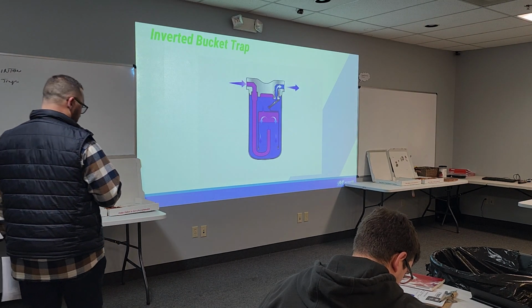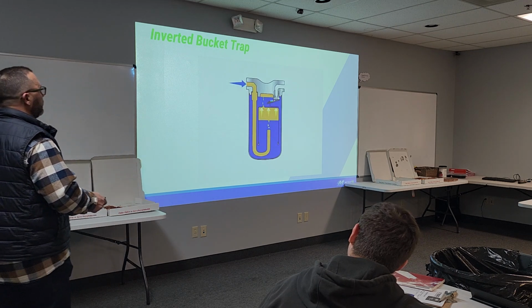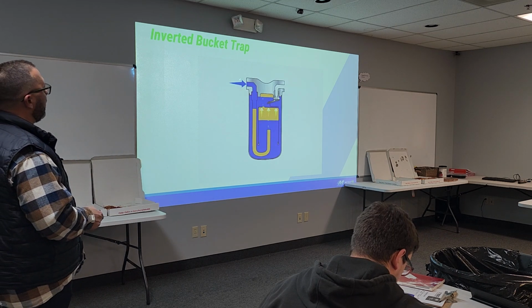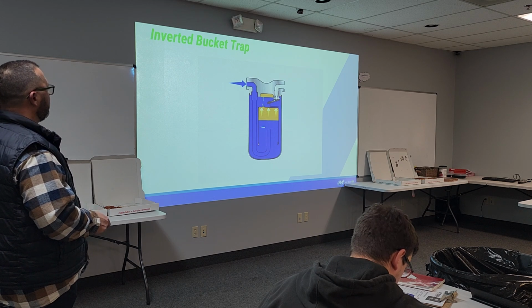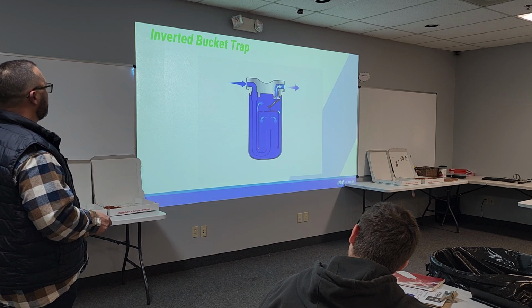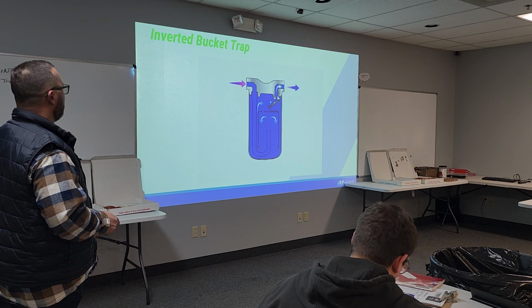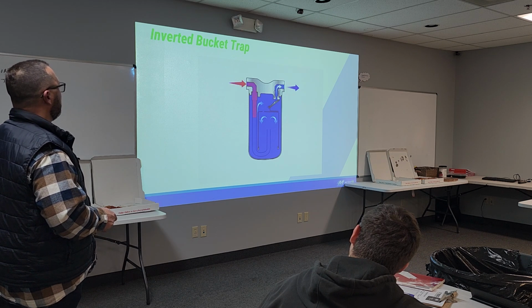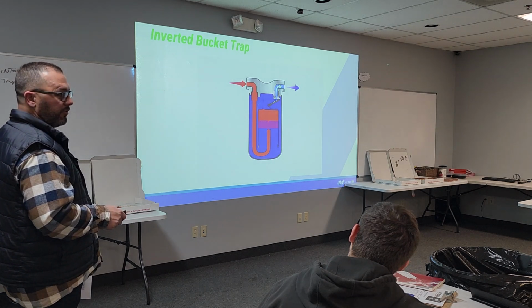The interesting thing about bucket traps is that they will lose their prime. As you have modulating steam, there are a few conditions that can have you lose prime, but for efficiency's sake of time, when you lose prime and your bucket falls, all you're doing is blowing live steam through.